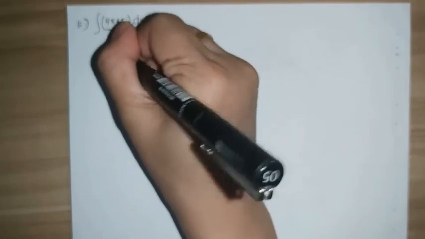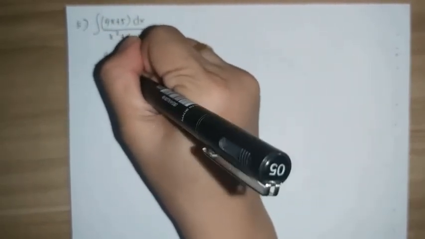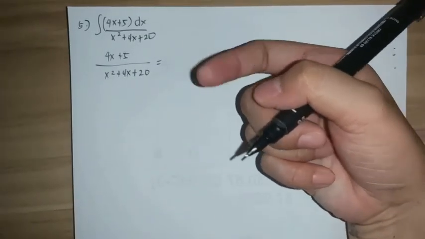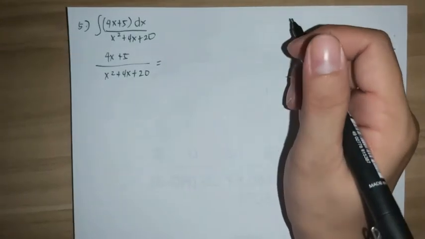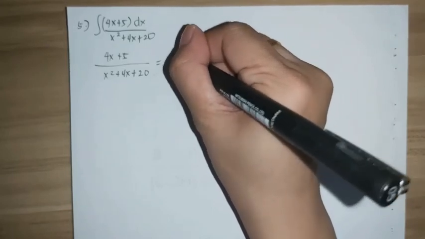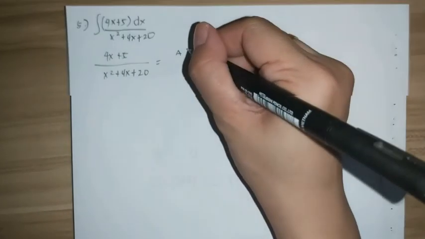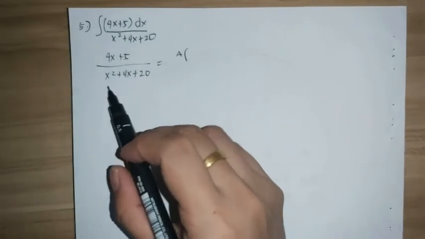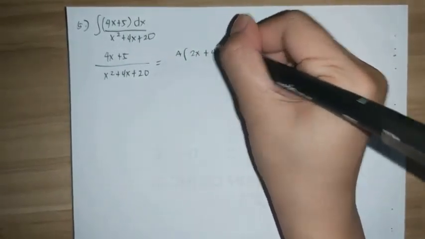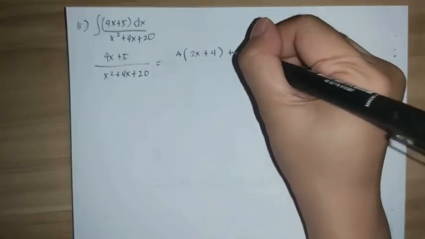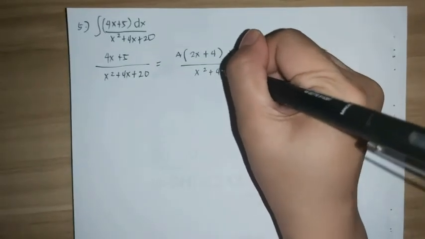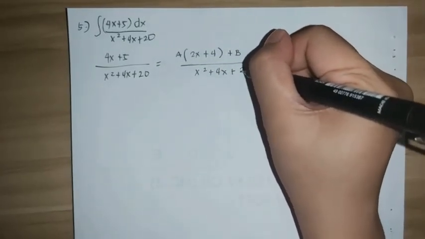We have (4x + 5) over x squared plus 4x plus 20 is equal to, for case 3, guys, you will make use of the partial fraction form: A times the derivative of the denominator, which is 2x plus 4, plus B, all over the denominator x squared plus 4x plus 20.